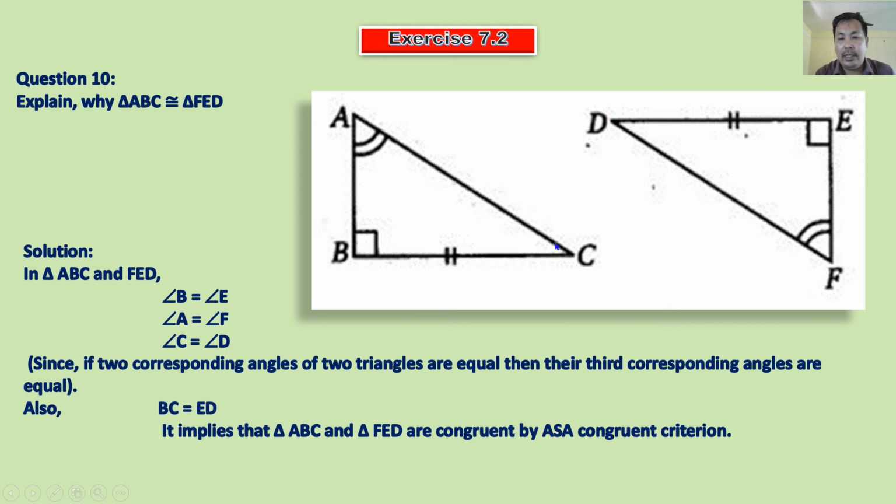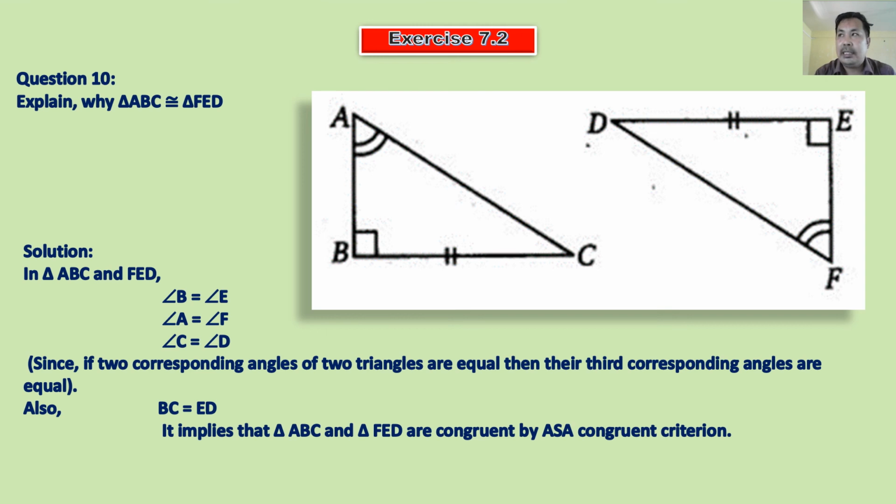Now we have already proved that angle C and D are equal, being the third angles of the triangles, isn't it? After two angles are already the same, the third angle must also be equal. That theory we have already studied and will study again in higher classes.